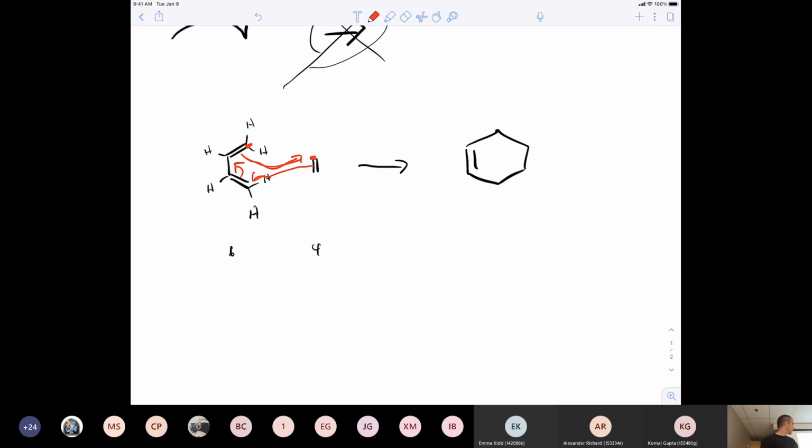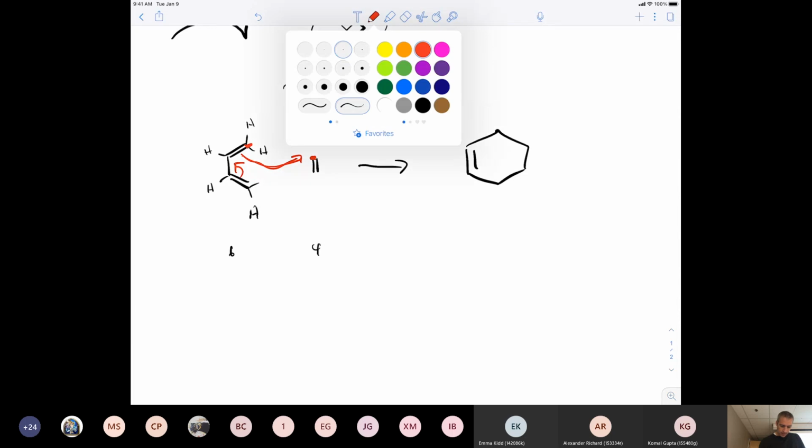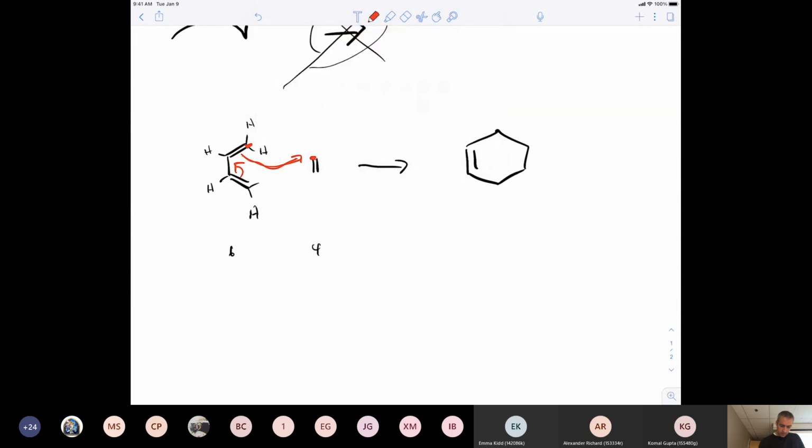These electron pairs in the double bond move over, I guess I didn't draw that super well, but these electrons move here between the carbon here and the carbon here to make a bond, and the electron pair moves between this carbon and this carbon to make another double bond, and you get your compound.